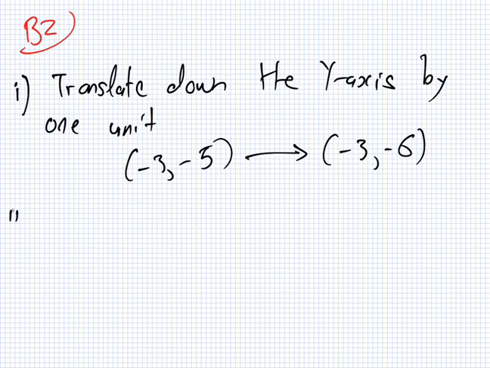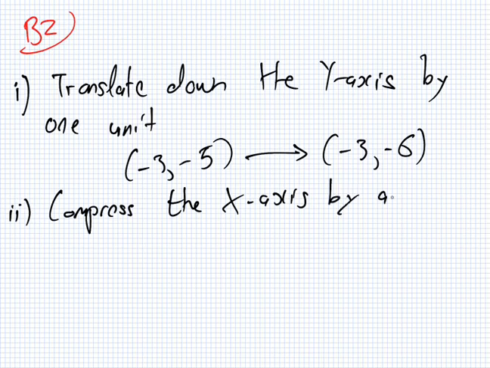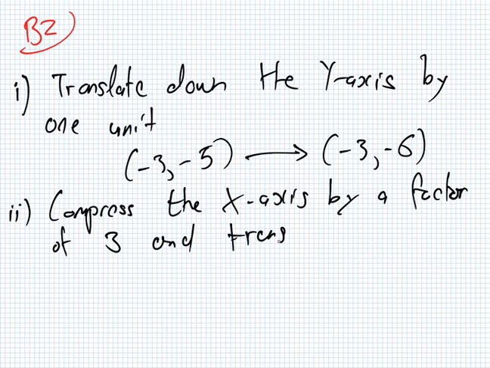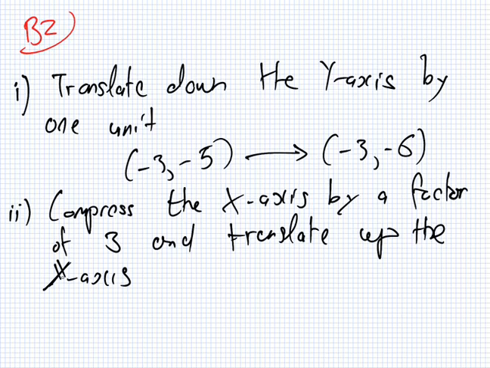The second one is compress the x-axis by a factor of 3 and translate up the y-axis by 2 units.